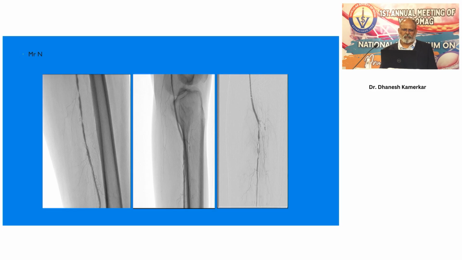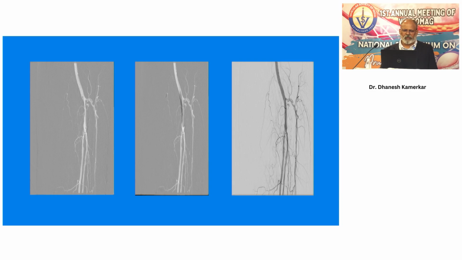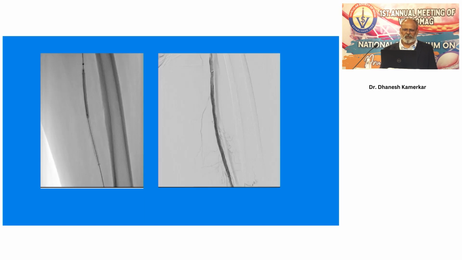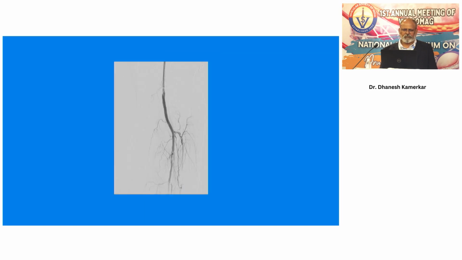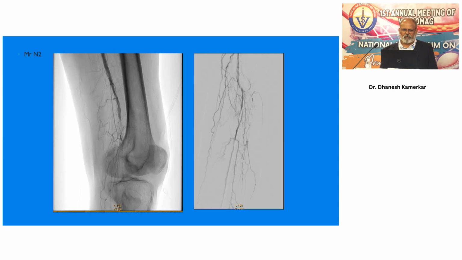And this is another patient with multiple diffuse disease in the SFA and tight stenosis in the TP trunk with single vessel peroneal runoff. So we again put a drug-eluting sirolimus stent in the TP trunk, and then the SFA was stented. He came back again with stent thrombosis in the SFA region and progression of disease.